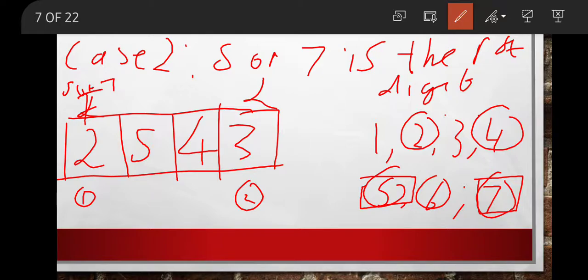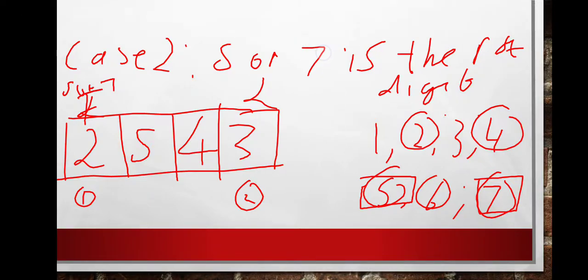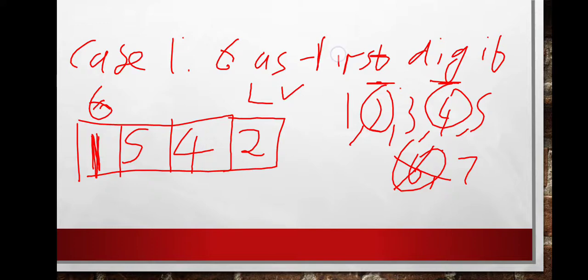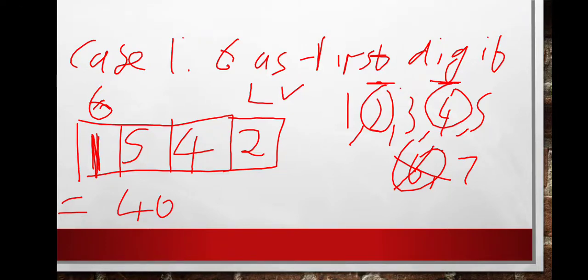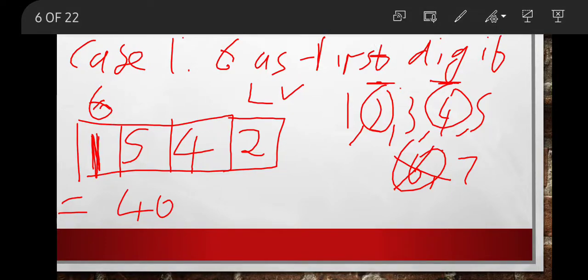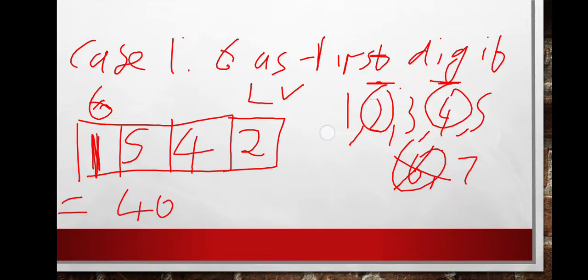Then to get the whole probability, let's get the solution for this one. 1 multiplied by 5 multiplied by 4 times 2. It's going to give us 40. So the codes with 6 as the first digit are only going to be 40.